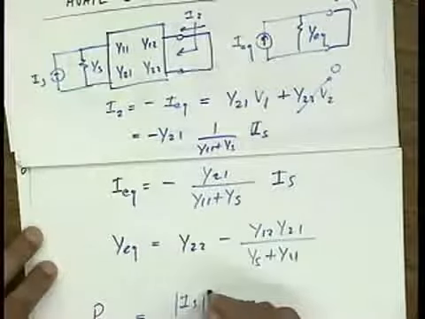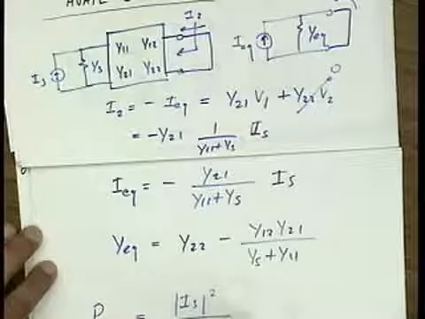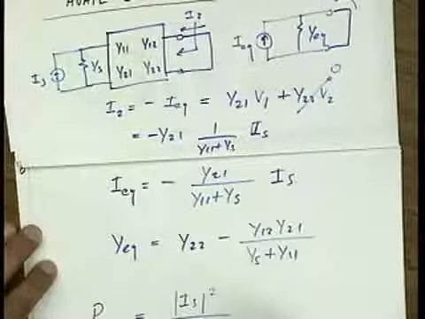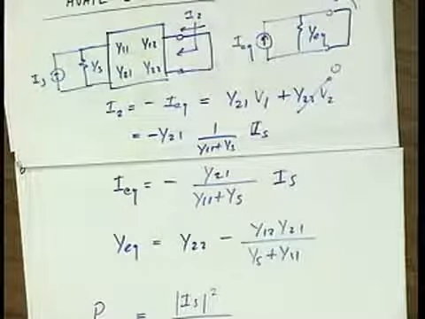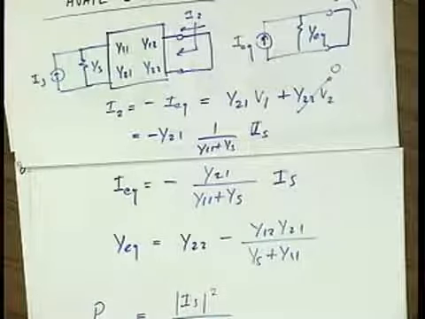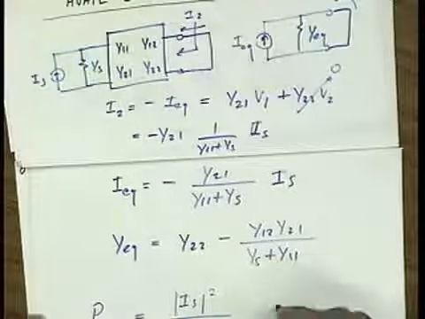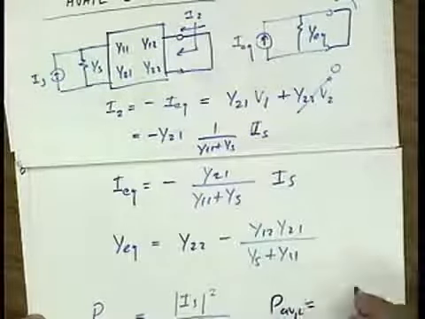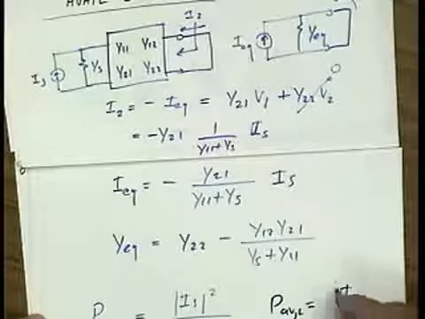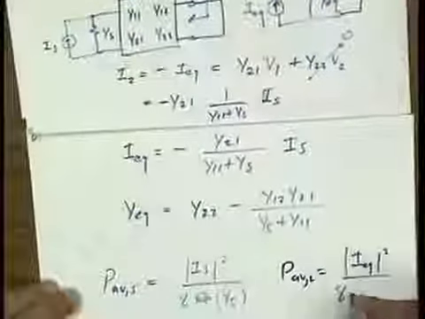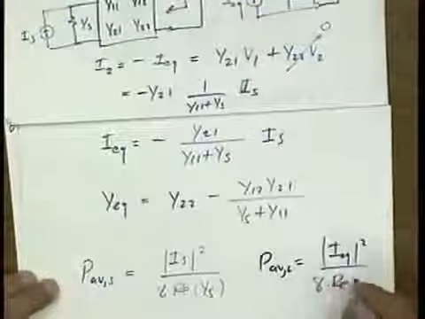Well, the available power from the source is IS squared divided by 8 times the real part of YS. The available power at the load is I equivalent squared divided by 8 times the real part of Y equivalent.